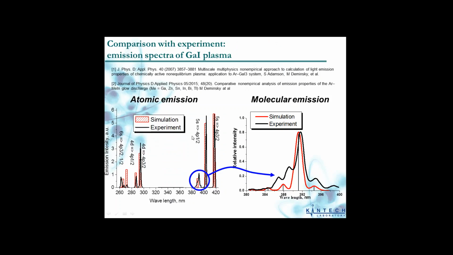Here is the emission spectrum for the gallium iodide plasma. We observed a good coincidence between the simulation and experiment, but you may note the principal feature of the system, that the main radiation is concerned with radiation of the atom. The input of the molecular radiation is about 1 order of magnitude lesser than the emission of the atom.